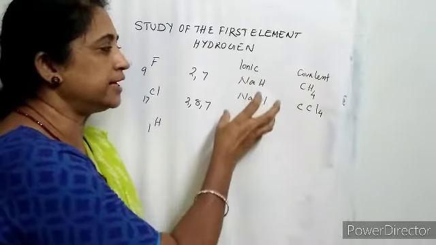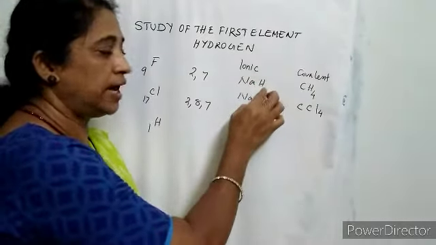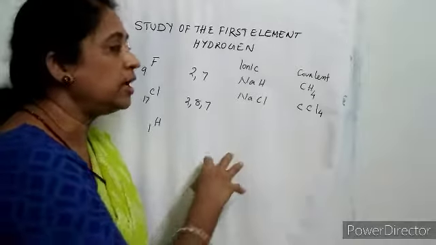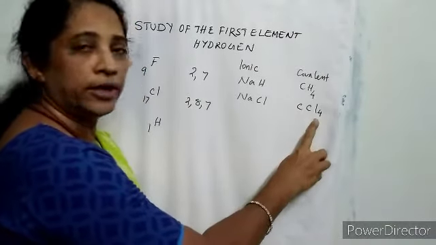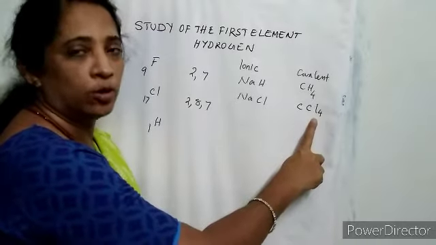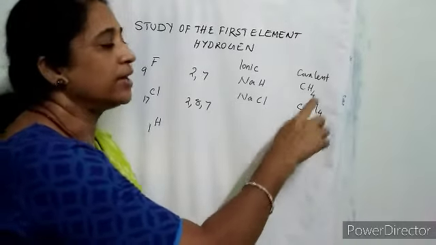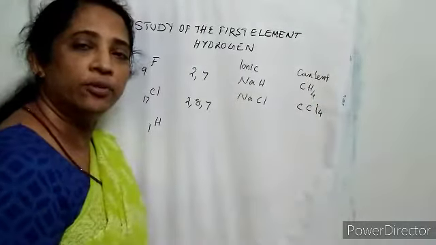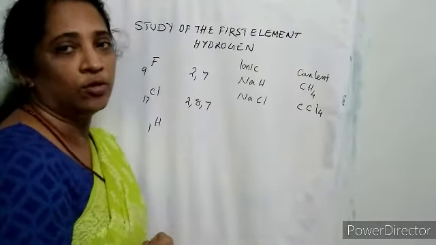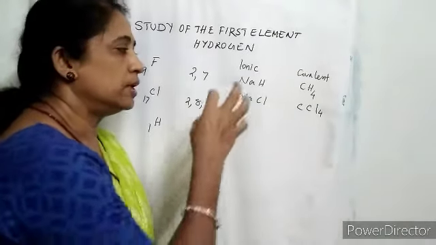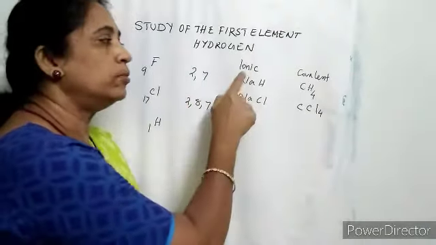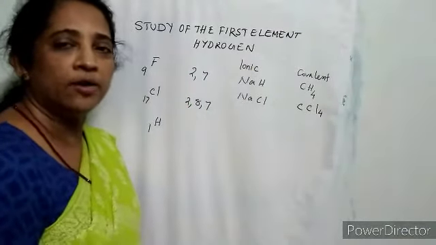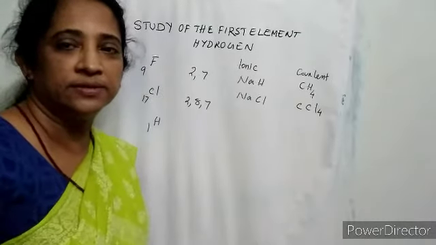Also, chlorine reacts with carbon to form a covalent compound. In the same way, hydrogen reacts with carbon to form a covalent compound. So hydrogen, like halogens, can form both ionic compounds and covalent compounds.